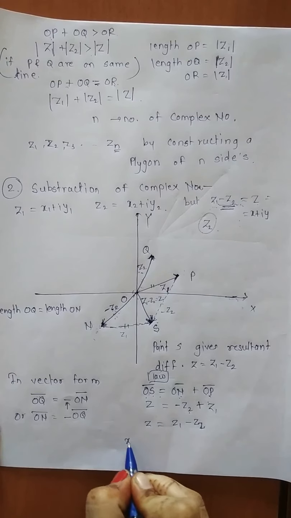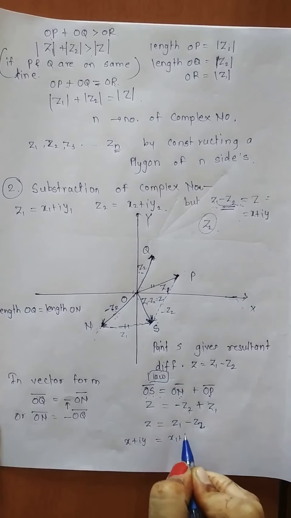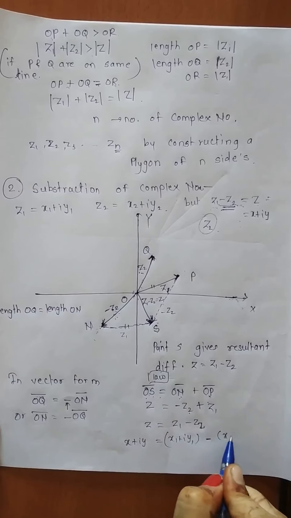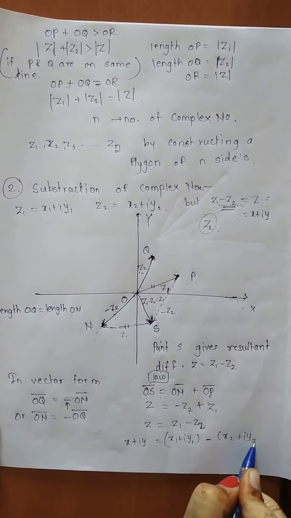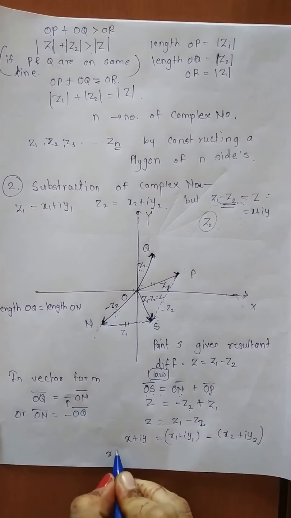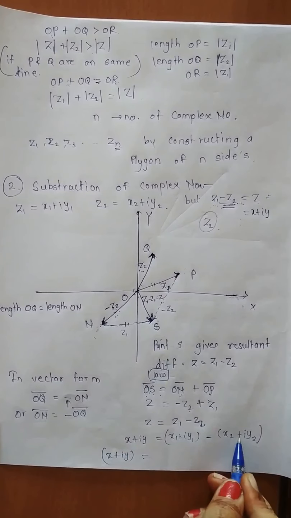Now you know Z, that is X plus iY. Z1 is what? X1 plus iY1. And what is your Z2? X2 plus iY2. So this is nothing but the subtraction. Again simplify this from the previous lecture. You know how to subtract these two complex numbers.